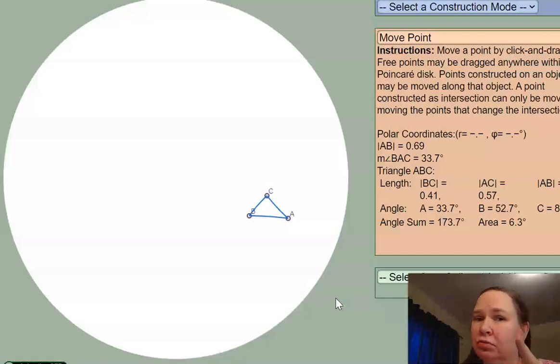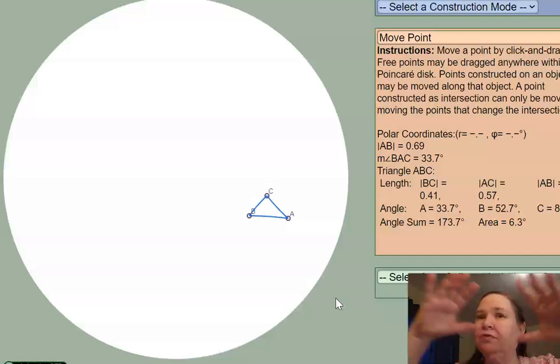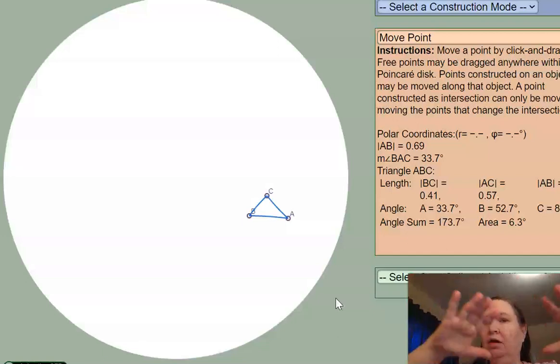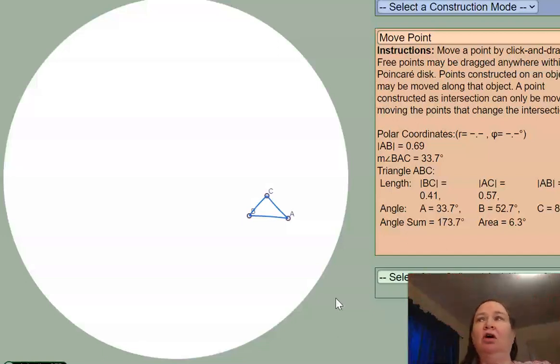That's also true of triangles on a sphere. You are living on a sphere right now, and if you got down on the dirt outside and you drew a triangle and used string to make sure your lines were straight, it would look like a normal flat piece of paper triangle, because your triangle is very small compared to the size of the Earth.